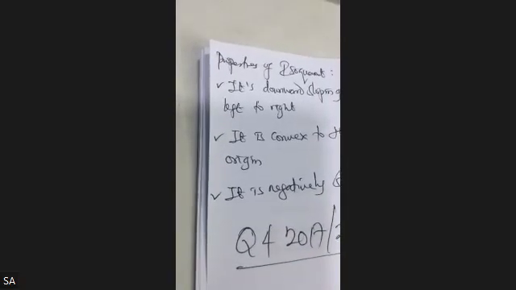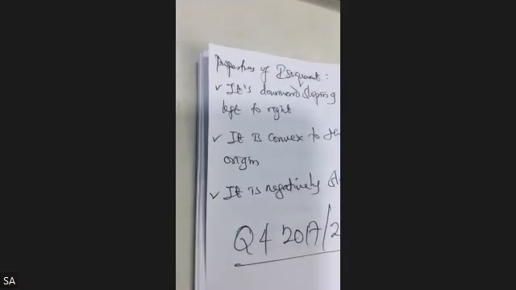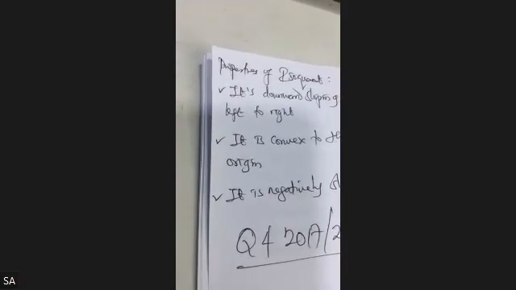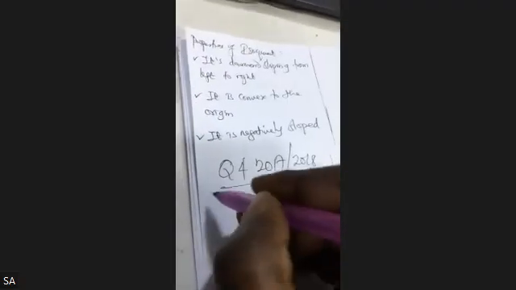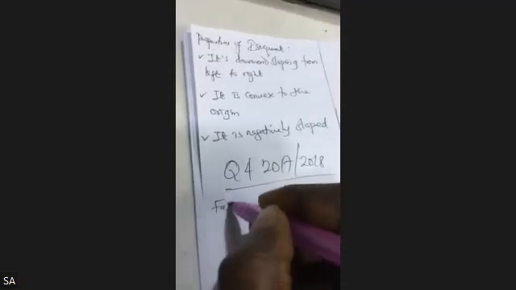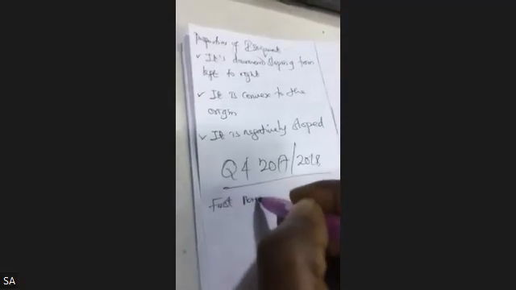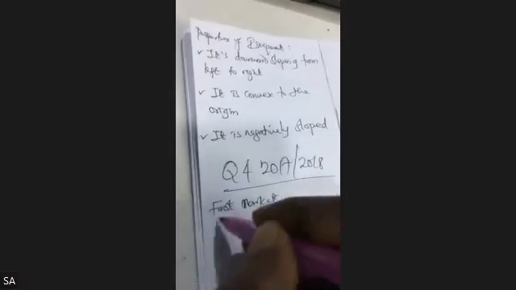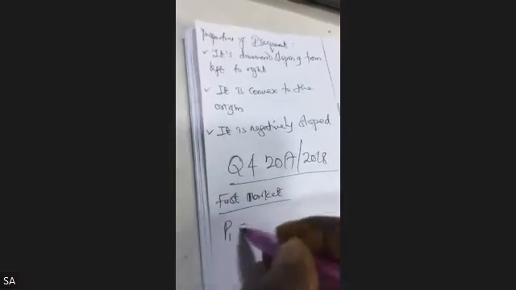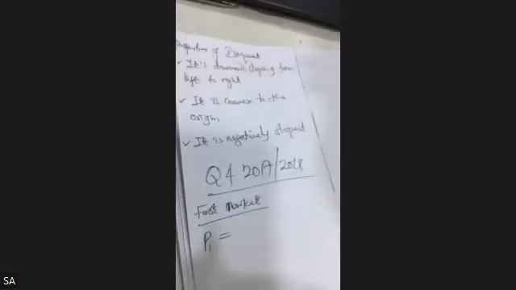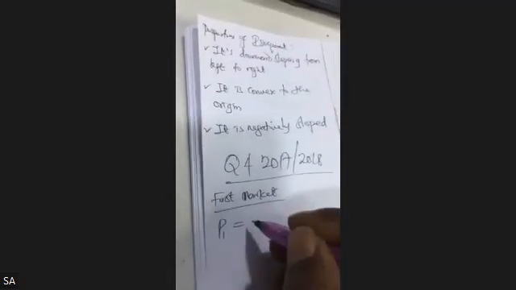Class, they said the demand function of a price discriminating monopolist in its first and second market is specified respectively as follows. First market: P1 equals 20 minus 0.5 Q1.